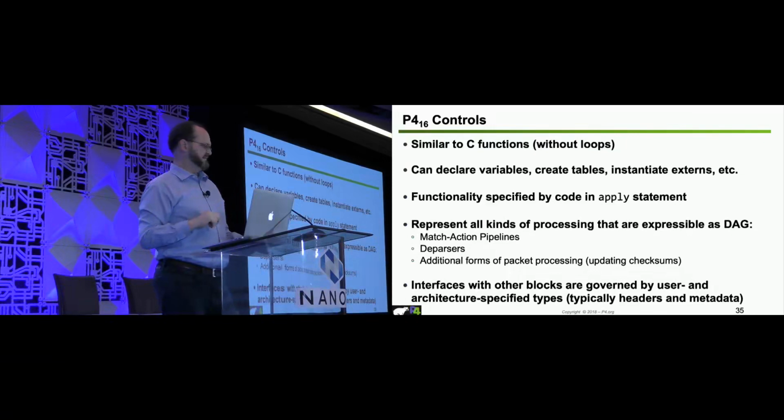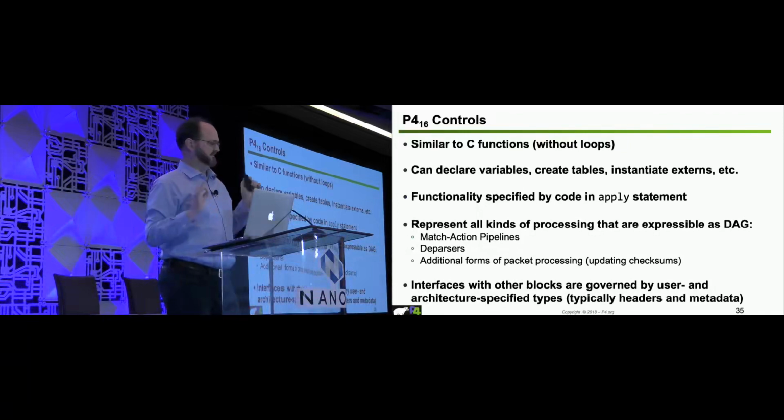Controls can represent all kinds of processing that are expressible as a DAG, a directed acyclic graph. Don't worry about that. The definition of P4 is that whatever you see in your code, the semantics are as if it were executed sequentially in the order of the statements that you write, just like in a C program. Can a C compiler reorder your code if you turn on optimization levels?